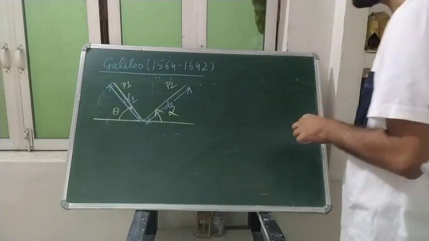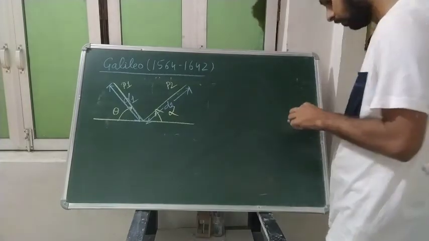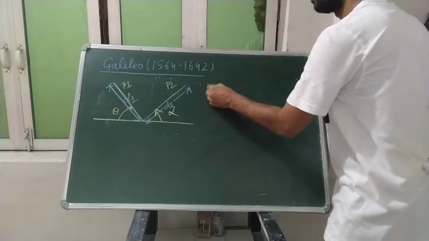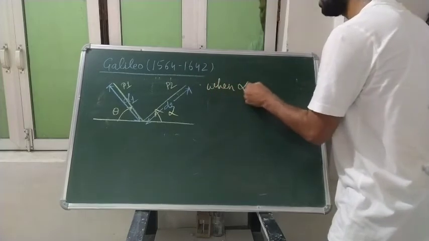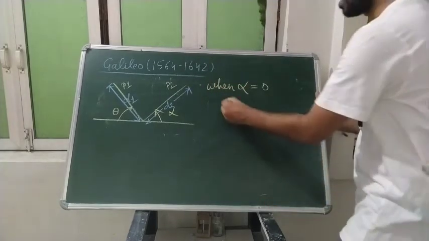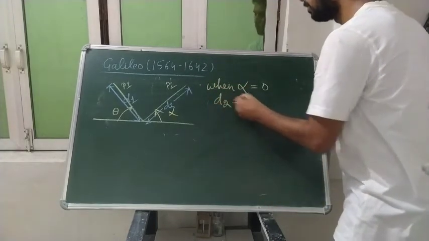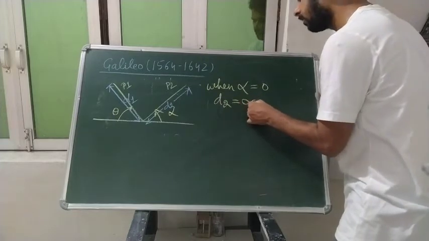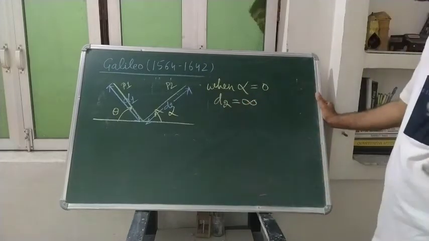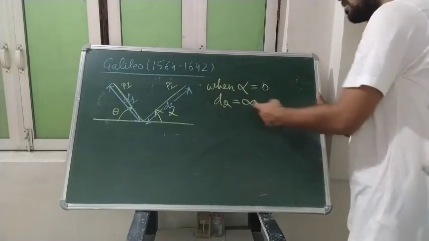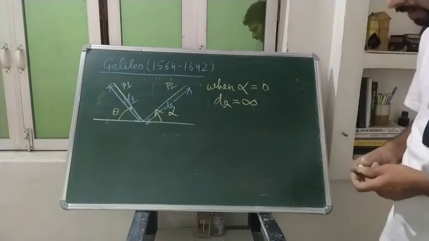Now when alpha is equal to 0, d2 will become infinite. If alpha is 0, d2 will become infinite.